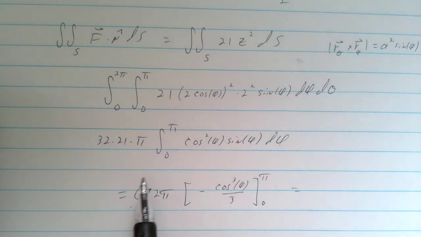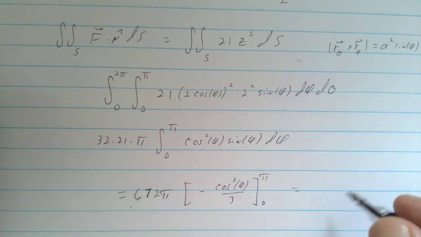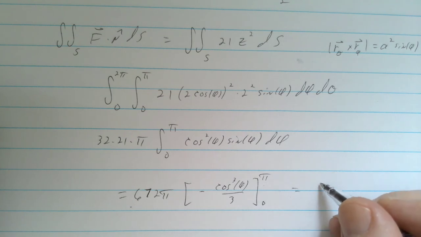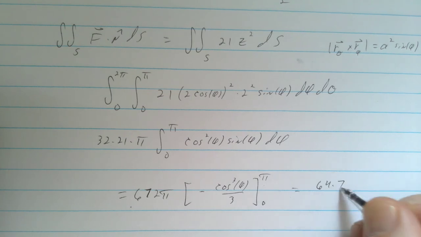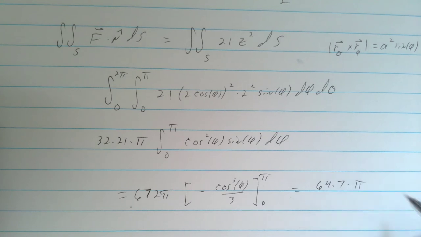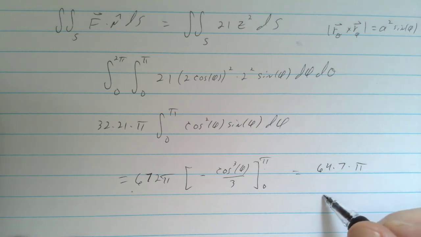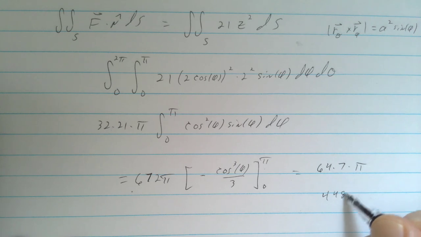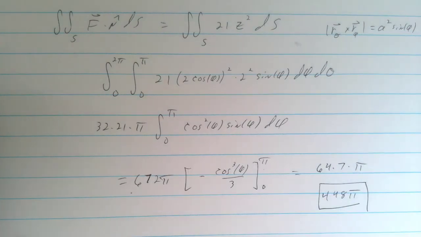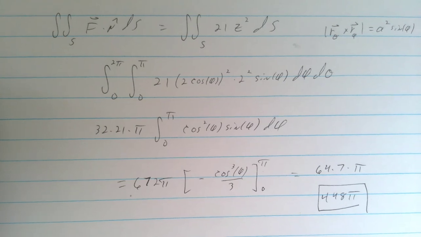I just could have made this 64 times 7 times pi. So 420 plus 28. So that would be our calculation.